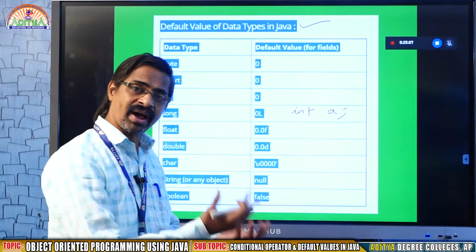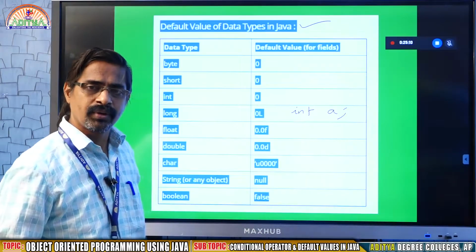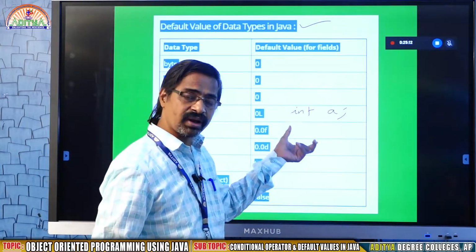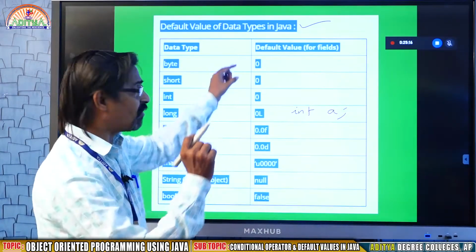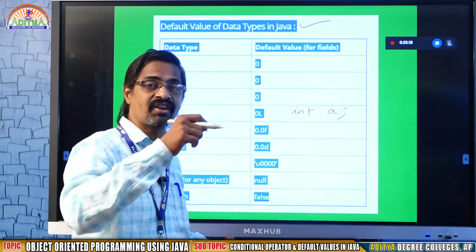If you give any value, that value will be stored. Just I declared it, I am not providing any value for A. That means Java automatically assigns some initial value to it.